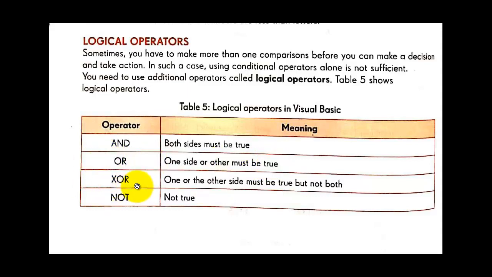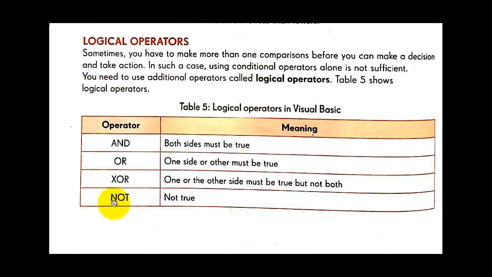But in XOR, if you apply this XOR operator and both condition 1 and 2 are true, then it will return false. It will return true only when one of the conditions, either condition 1 or condition 2, is true.